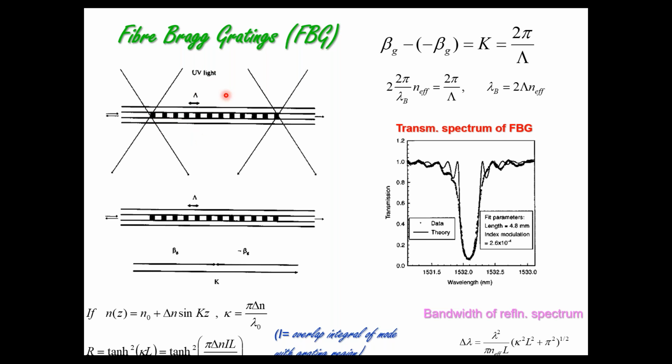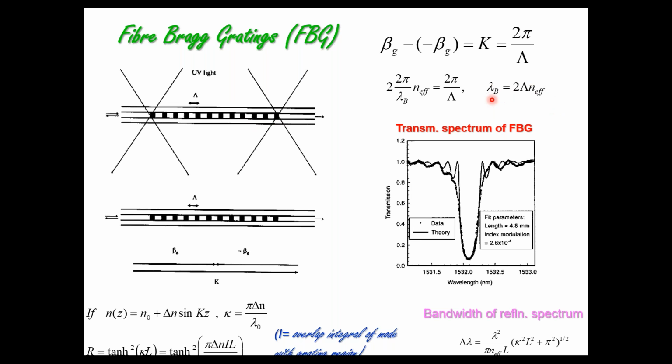So from these values we can see that lambda B, that is the wavelength that is going to be reflected back from such a device, is very small if you are considering the communication wavelength, somewhere around 50 nanometer. If you want to fabricate such a fiber Bragg grating, the periodicity requirement is going to be very stringent.